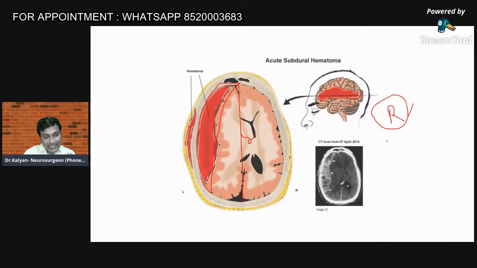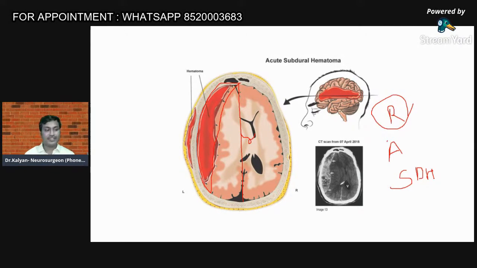Anything which is dark, black in color is a chronic bleed. So this is white in color, so this is an acute bleed. So this is right-sided, acute, subdural hematoma with midline shift.